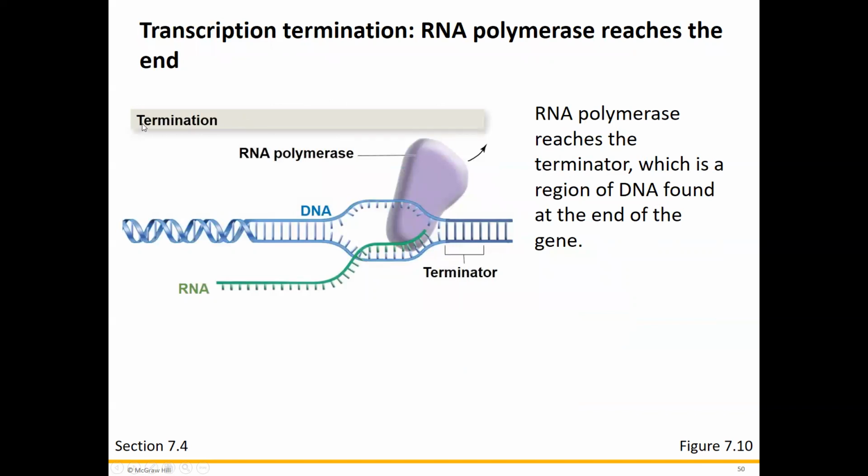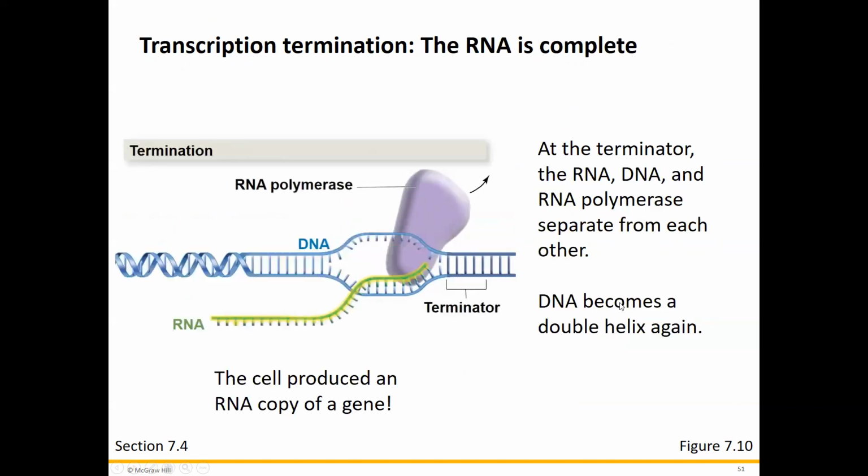And finally, we get to the stop signal, the termination. It reaches a terminator, and that's the region on the DNA that says this is the end of the gene. So everybody lets go. The RNA polymerase lets go. The DNA will bond itself back together, and everything will look as it did originally.